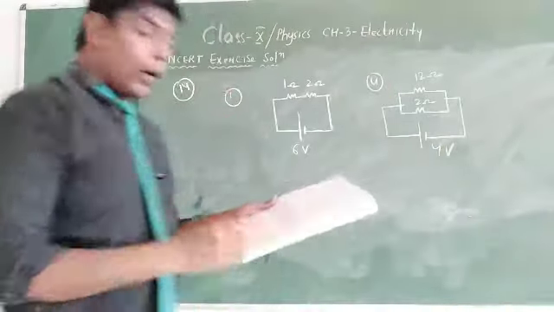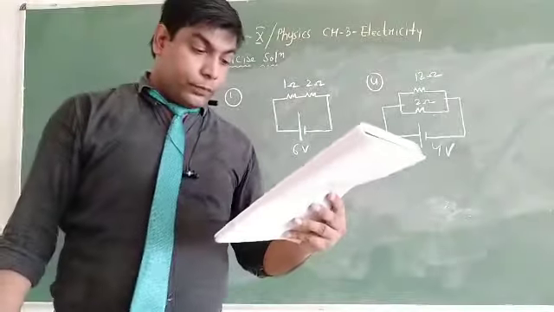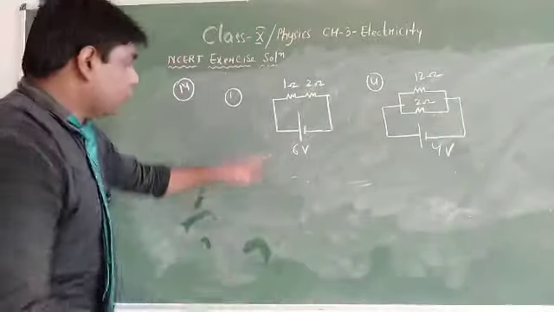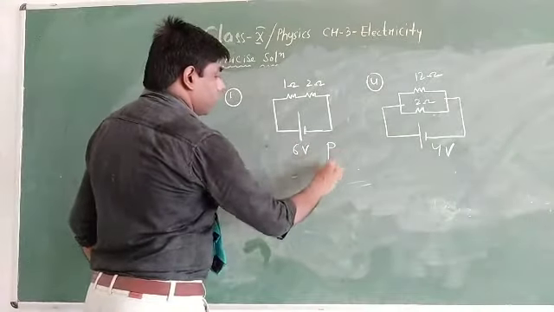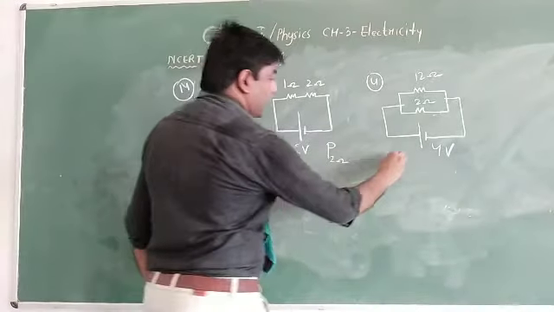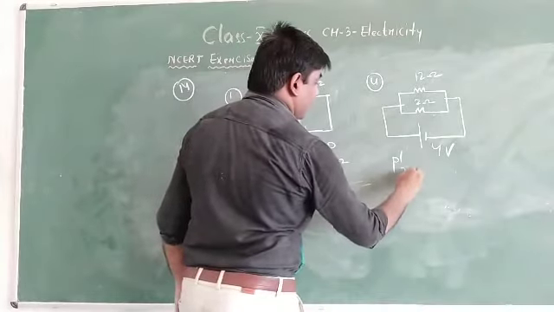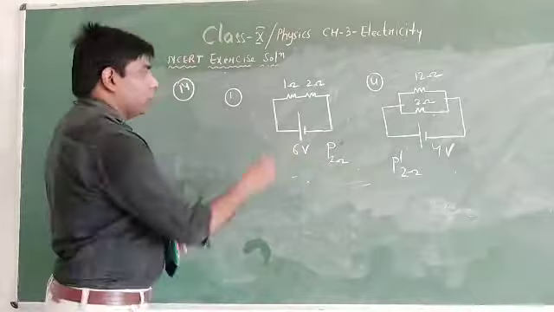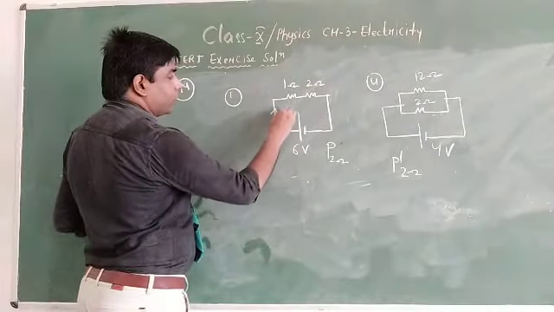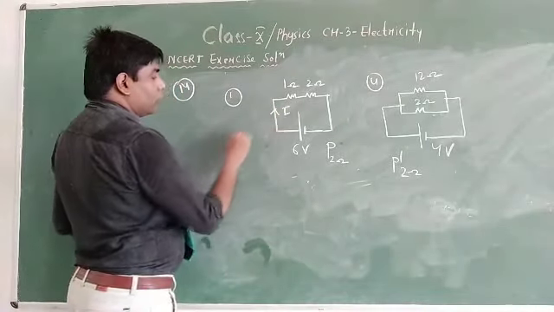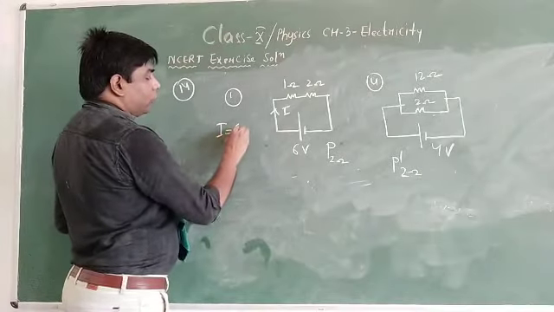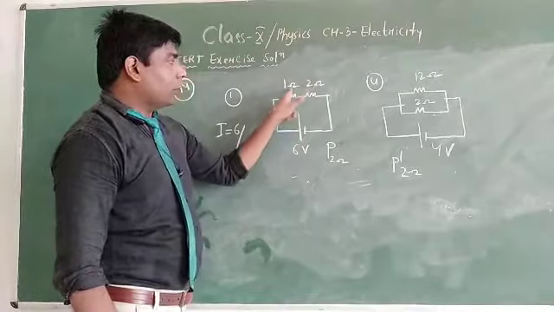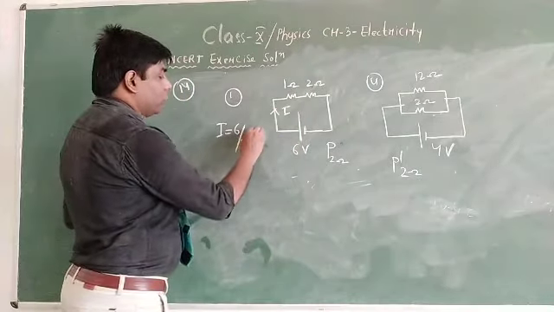They are asking to calculate and compare the power in the 2 ohm resistance, right? So here let the power be P in the first circuit and P dash in the second. We have to compare P is to P dash. So see here, current is I. So I is equal to V by R, V is 6, R is 2 plus 1, 3. It is equal to 2 ampere.